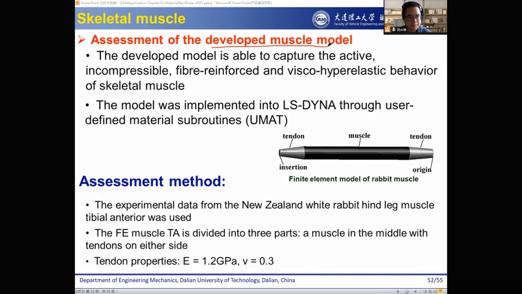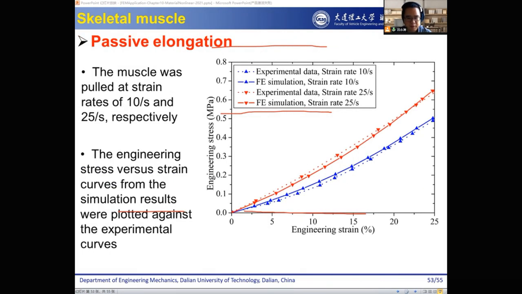We implement it in the simulation, and the method of assessment is to compare with the experimental data. We did the experiment using New Zealand white rabbits, performed the same experiment using the FE simulation, and compared the results. We have the experiment data and the FE simulation at different loading rates.